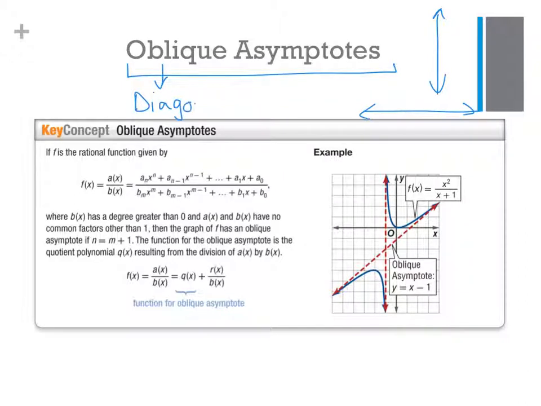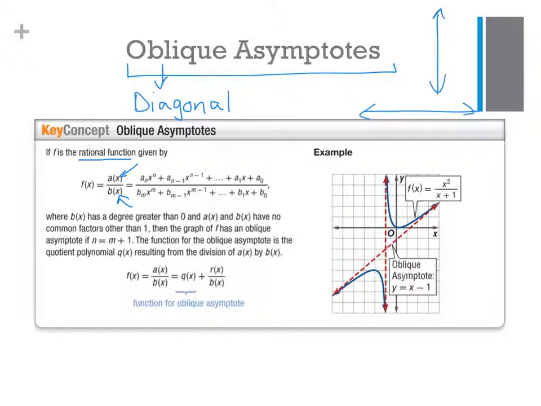Now, we need to first determine how you can decide whether a function, a rational function, has an oblique asymptote. So, if f is a rational function, remember we defined a rational function as 2 polynomials divided by one another. So, both a of x and b of x have to be a polynomial function.